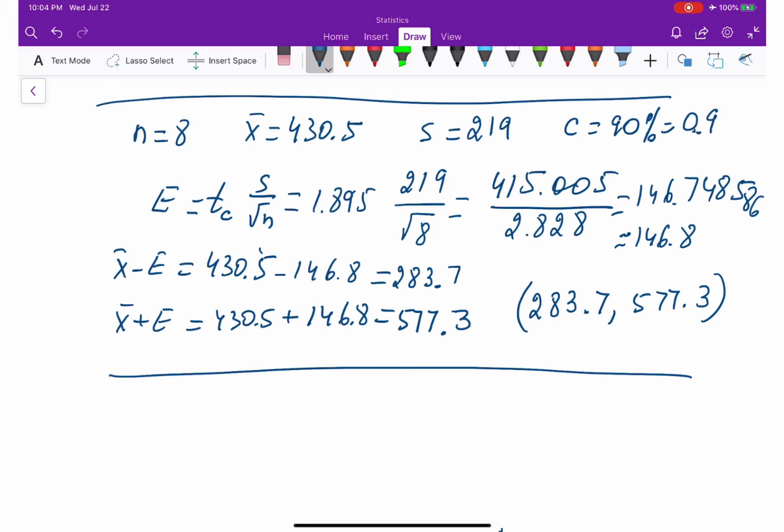In a random sample of 5 devices, n is equal to 5, the average repair cost was $65, and the standard deviation is $12.5.